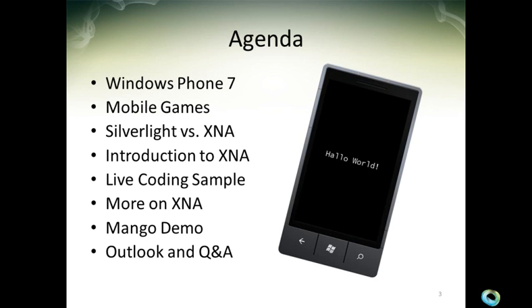We will have a live coding session of approximately 25 minutes where we create a sample XNA project from scratch. And then we will talk about some of the problems that arise with XNA and the limitations XNA has, and how these limitations can possibly be solved with the upcoming Mango update for the Windows Phone. And of course, in the end, we will have a quick outlook and the Q&A session.